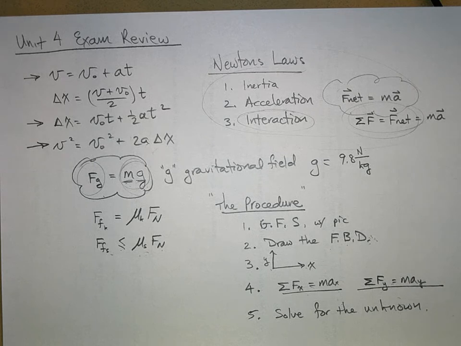The force of friction. So don't add applied forces unless there is an applied force, unless somebody's pulling on it with a rope or pushing on it. This one will involve friction and acceleration; you're going to use the kinematic equations, and you're going to use the procedure.